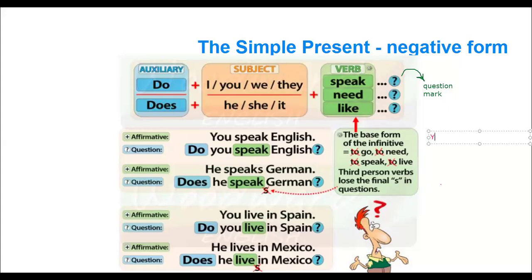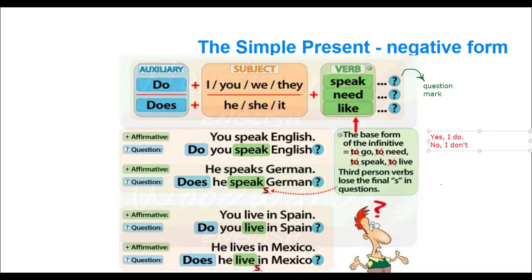Exactly. Or if I ask you, do you speak German? No, I don't. No, I don't. All right.